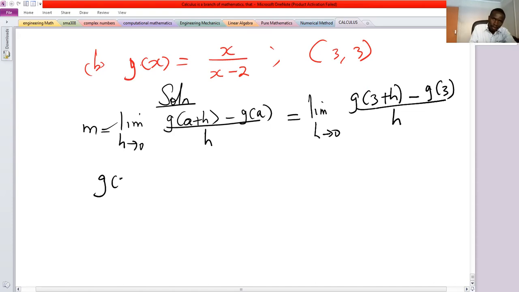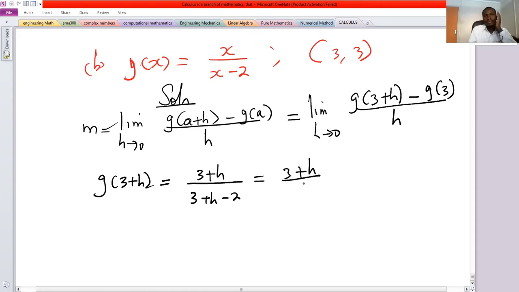Now, g of 3 plus h will give us 3 plus h over 3 plus h minus 2, which is 3 plus h over 3 minus 2 is 1, so 1 plus h.